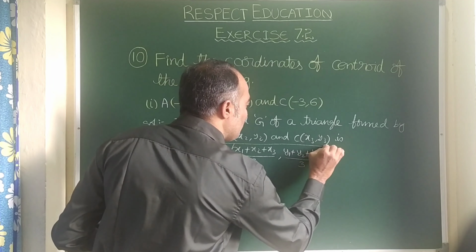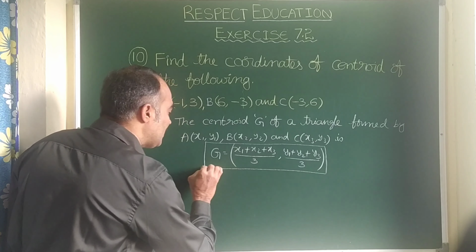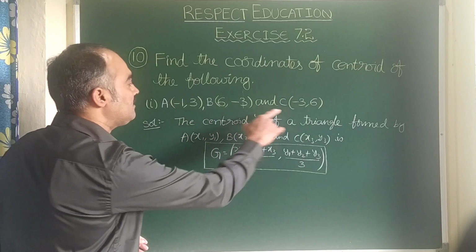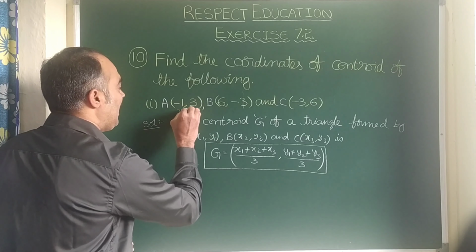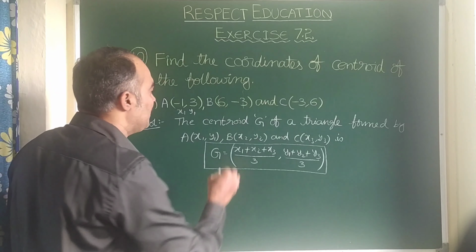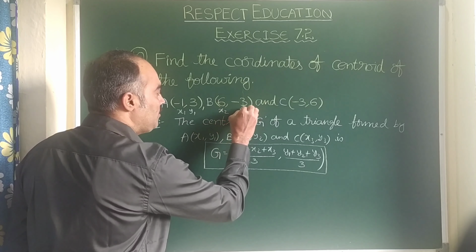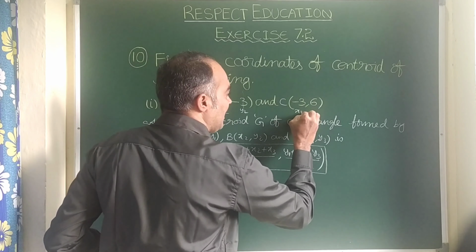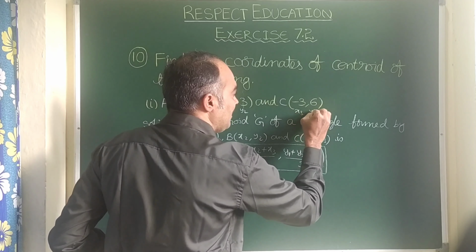So in this formula, let us substitute the given values. Here let us label these values as A, I am taking x1 y1, B as x2 y2, and C as x3 comma y3. Now here let us substitute in this formula.